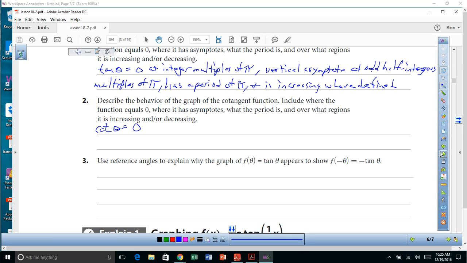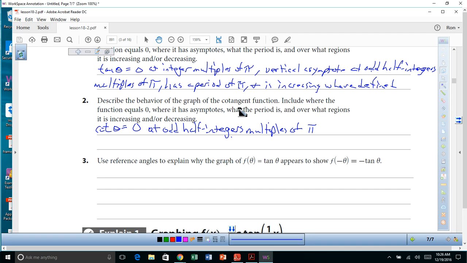Okay, so we're going to say cotangent theta equals 0 at odd half integer multiples of pi.